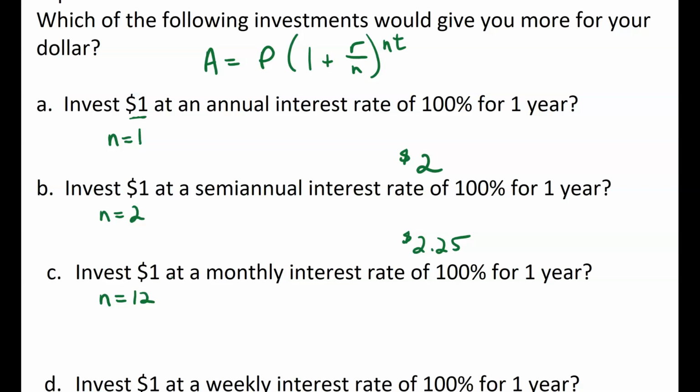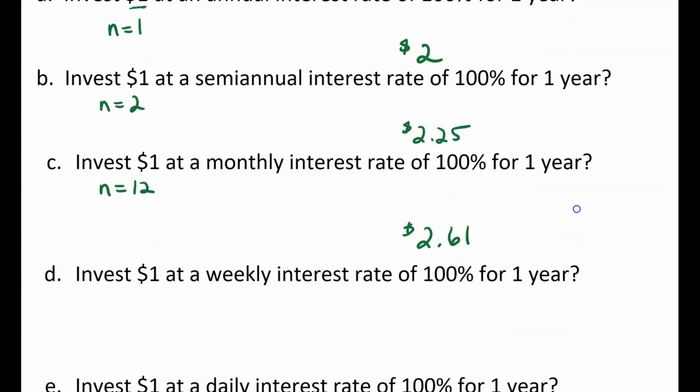What'd you get? $2.61. Is that it? Okay. So what's happening? Okay. The more times we compound, okay, we're making more money.